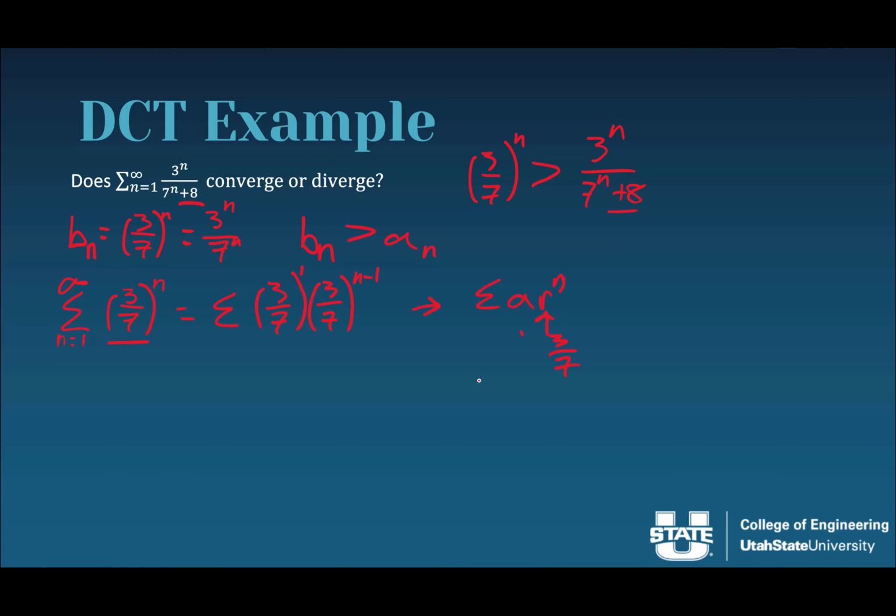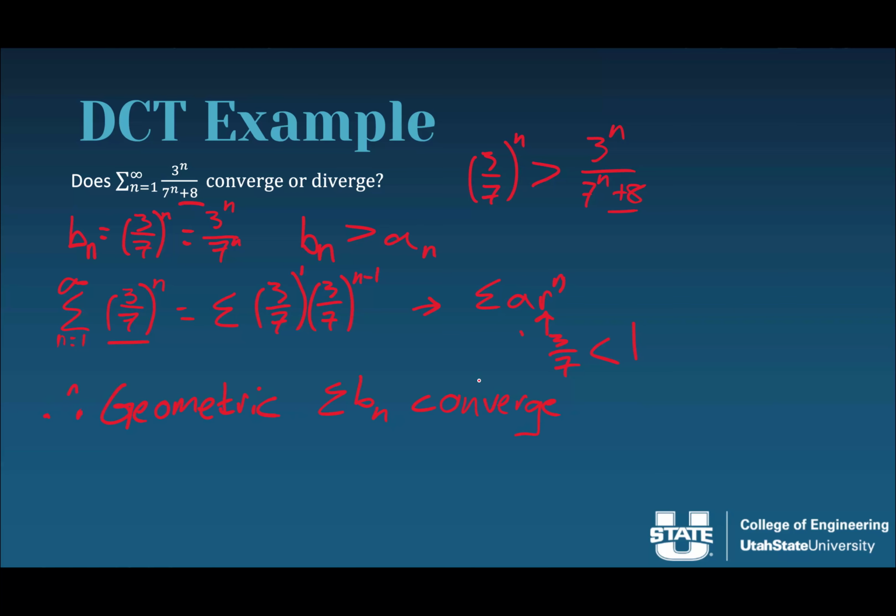And then because my r is going to be less than 1, that means that by the geometric series test, my sum of b sub n is going to converge. Did that make sense? Okay, awesome.